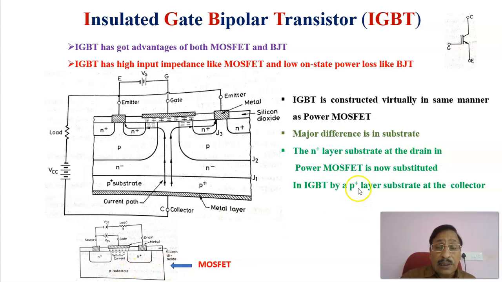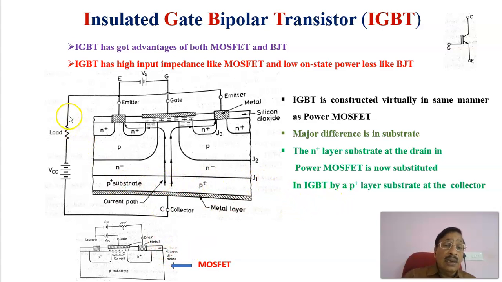In the power MOSFET, this is now substituted in IGBT by the p plus layer. Therefore, in IGBT it is the collector terminal that is connected to the p-type substrate, while the counterpart in the MOSFET, the drain terminal, is connected to the n plus layer. Just like the collector terminal is connected to the p plus substrate.